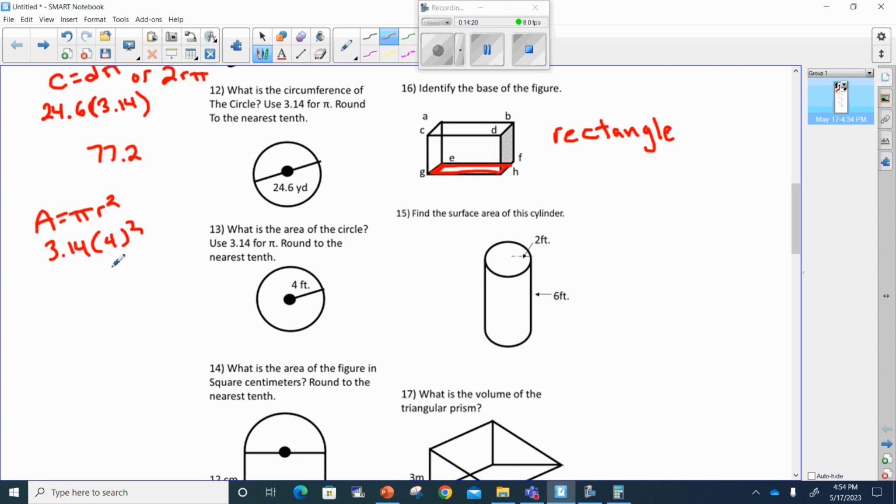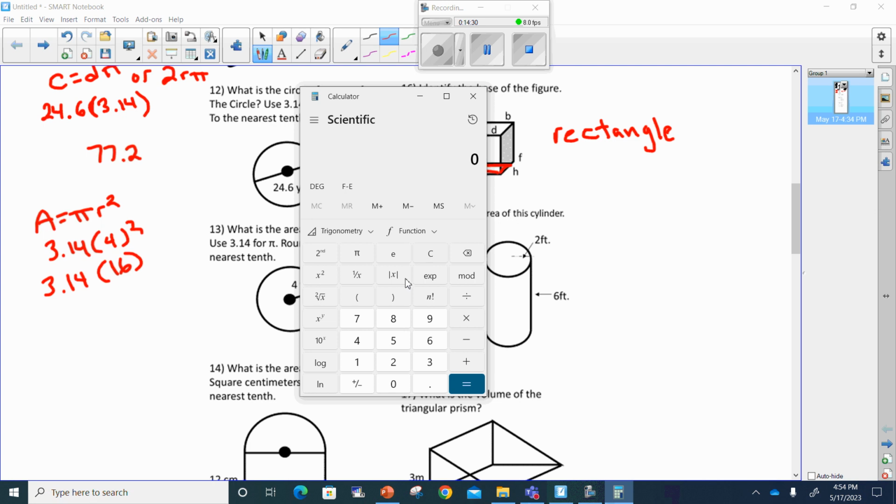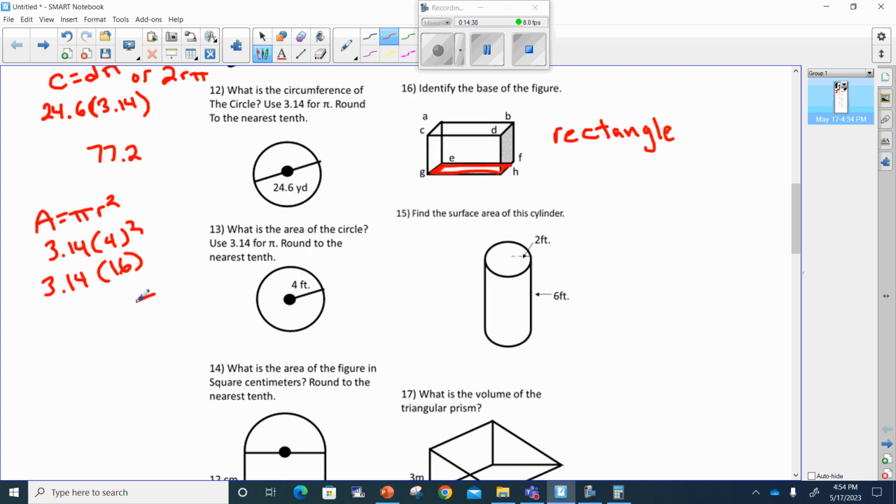Well, 4 squared is 16, so now we have 16 times 3.14, which gives me 50.24. It says again, rounded to the nearest tenth, so this would be 50.2.